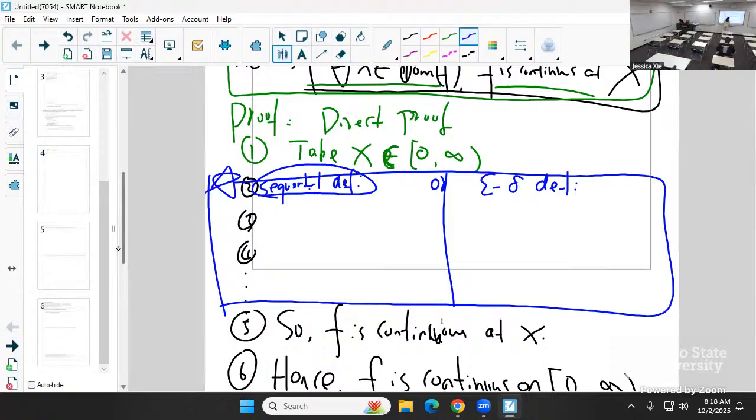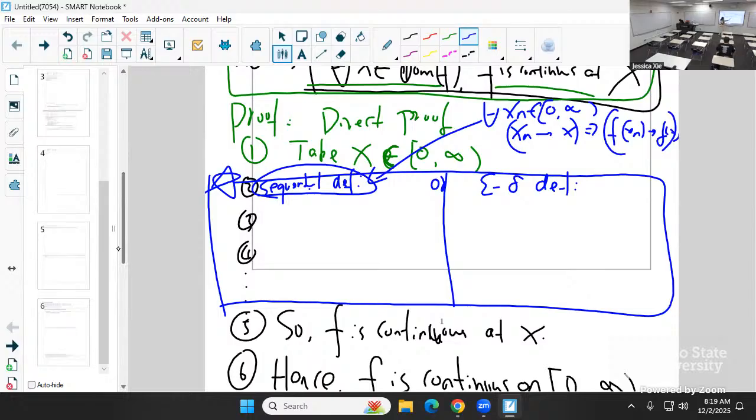So what's the sequential definition? Recall that it is nothing but: for all sequences xn in the domain with xn converging to x, we need to show f of xn converges to f of x.